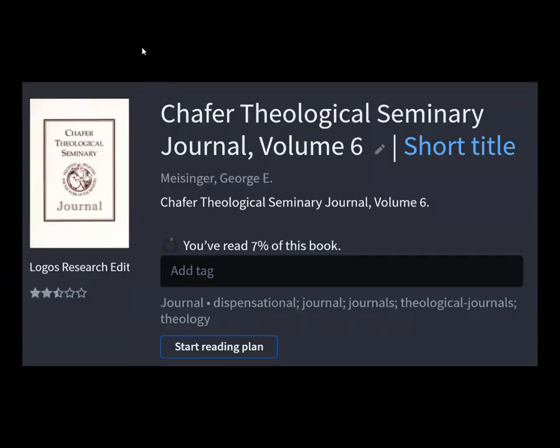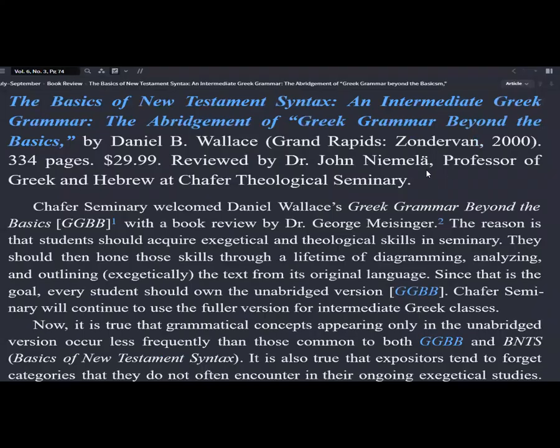So what's interesting is the argument that I just shared with you that Chay is articulating, come to find out, leans heavy, according to the footnote, on somebody that wrote in the journal where I attend seminary. And the somebody is John Niemela, who's pretty good at Greek. That's an understatement, actually.